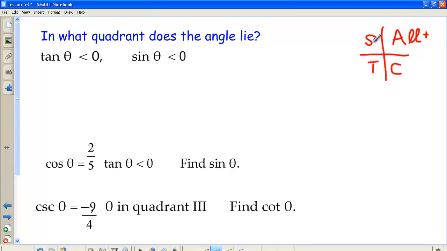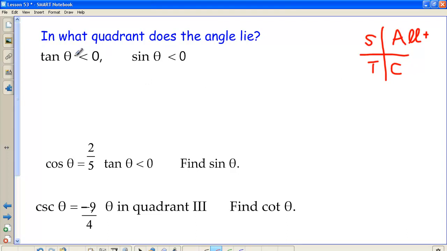S for sine: sine and cosecant are positive in quadrant 2. Tangent and its reciprocal cotangent are positive in quadrant 3. And cosine and its reciprocal secant are positive in quadrant 4.